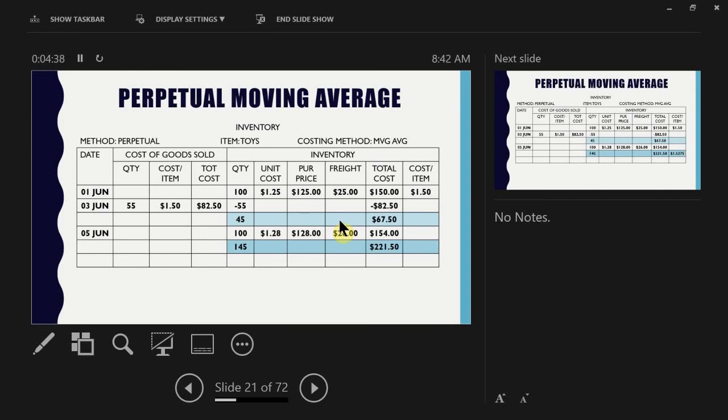Okay, so this is now where we can calculate our average cost per item.